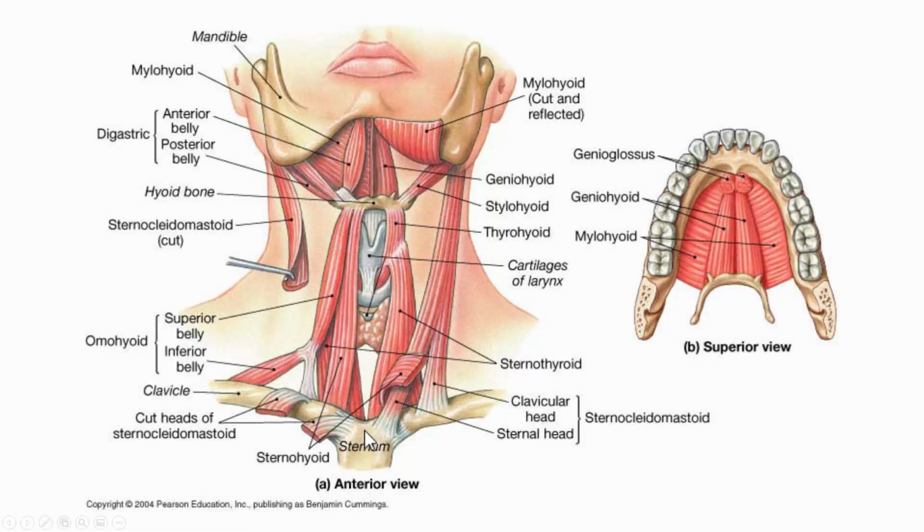Down here we have the sternum, and this one is going up to the thyroid cartilage. So this is going to be your sternothyroid. This one right here is going from the thyroid cartilage to the hyoid. So it's going to be thyrohyoid.